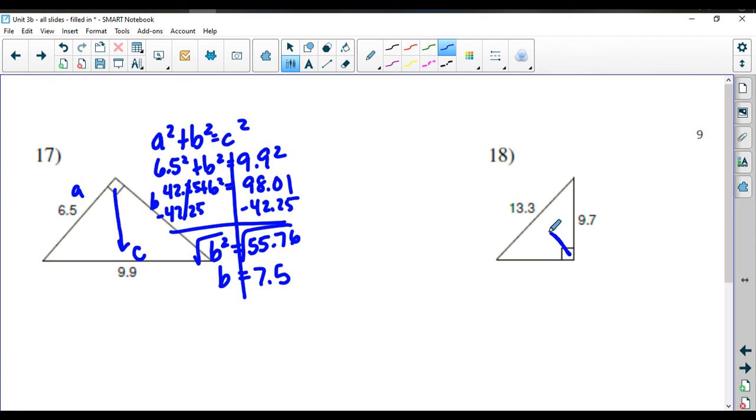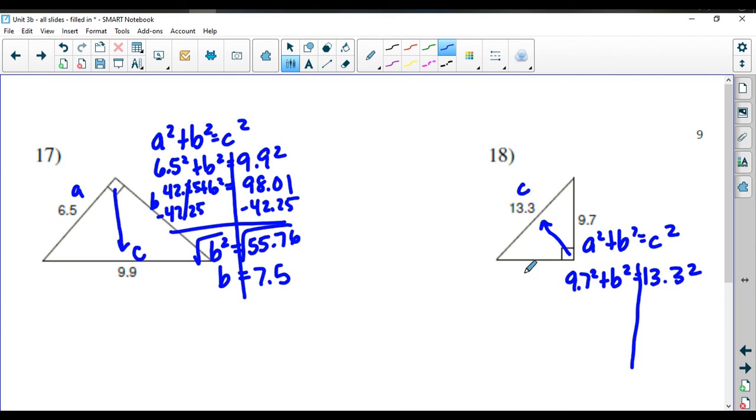For the last one here, going across, there's my c value. So if I have a squared plus b squared equals c squared, I'm going to do 9.7 squared plus b squared equals 13.3 squared. And again, if you put this as a squared plus 9.7 squared, it doesn't really matter. So we get 94.09 plus b squared, and 13.3 squared will give me 176.89.